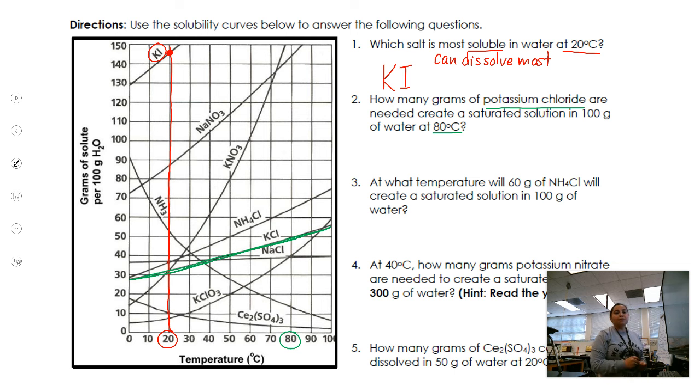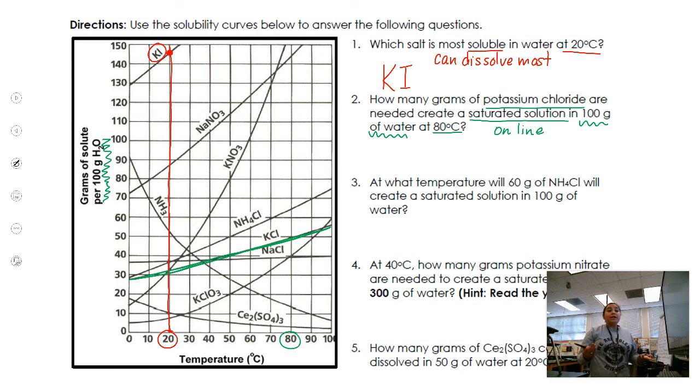And since it's asking for a saturated solution of KCl, that means you're going to look for a point along the line. Other important information to know is that you're trying to dissolve this in 100 grams of water. And I want you to look at something on the graph, because it says that these graph values are per 100 grams of water. Now, that's not necessarily true in some of the questions that come up later, so we've got to be careful with that.